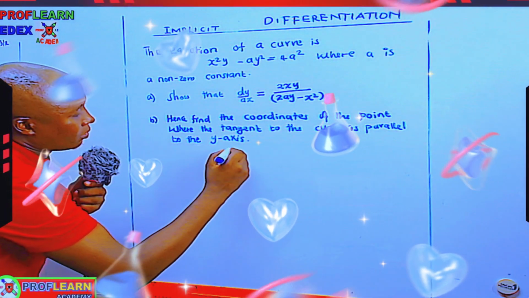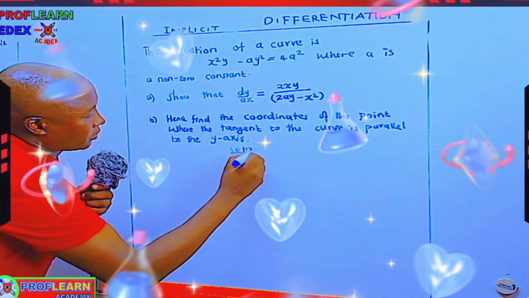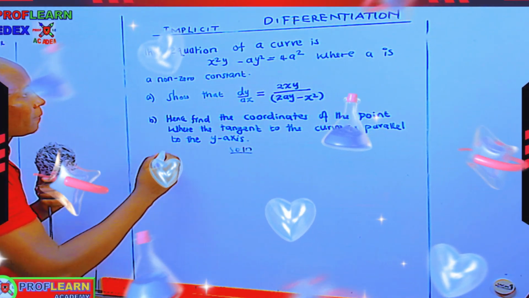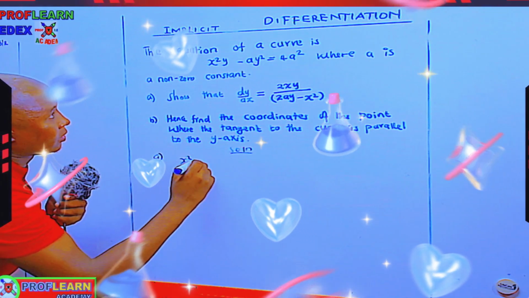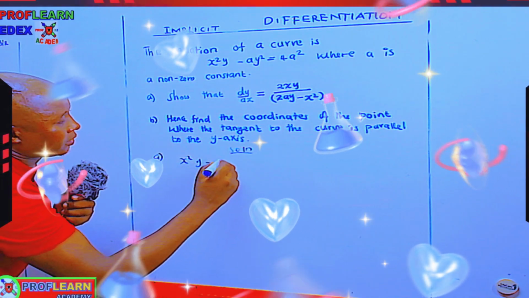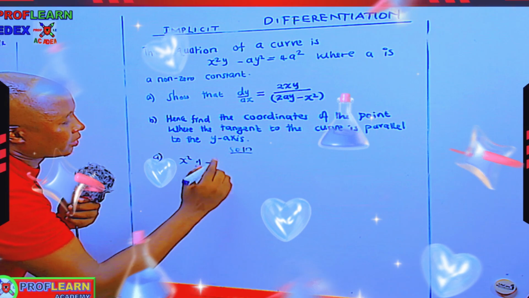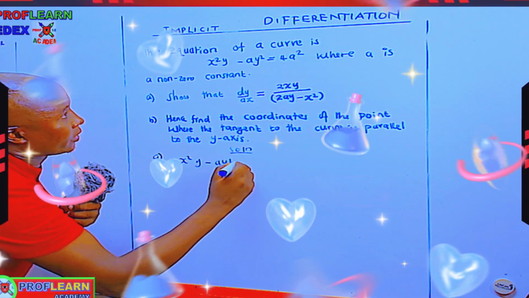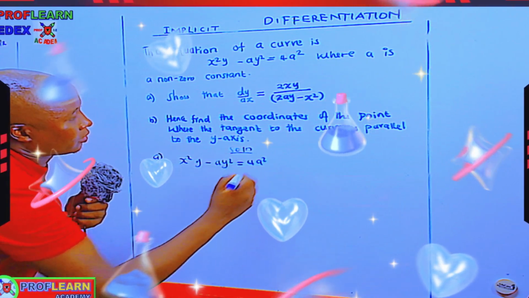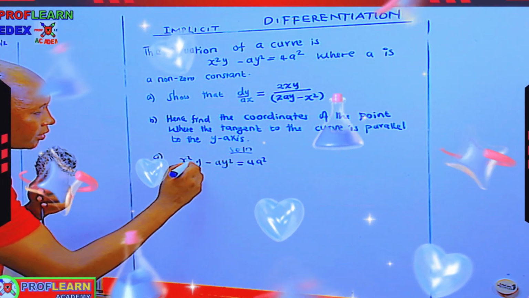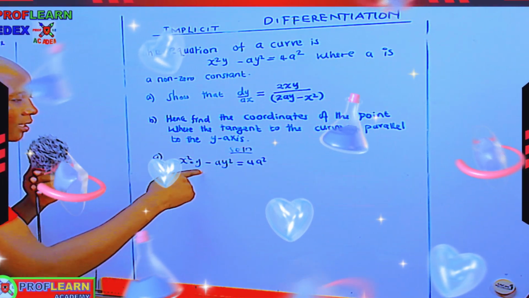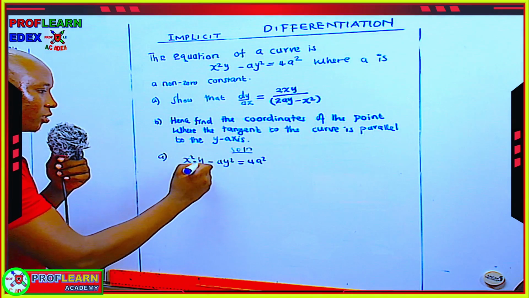Now, in order to work out the first part of the equation, remember we have x squared y minus a y squared equals 4a squared. In order to differentiate the first term, you see it is a product of x squared and y, and remember y is a function of x.